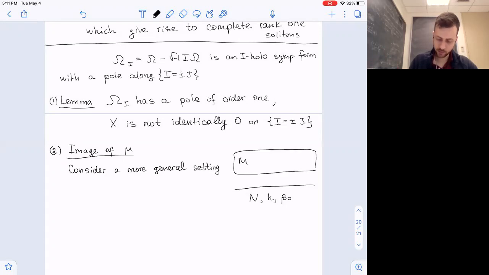So this will be M, a principal bundle such that the curvature of this principal bundle is star dv plus beta 0 v. So this is something you had before. And you have a metric upstairs, which is v times h plus v inverse times eta squared, where eta is a connection 1-form.